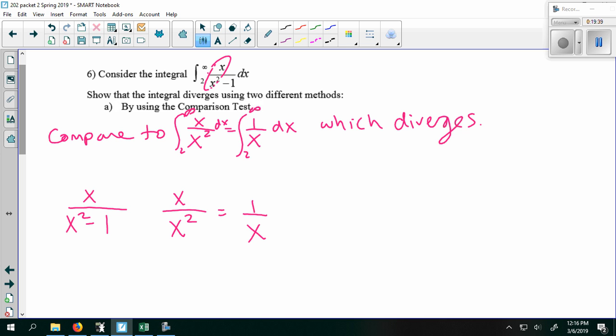Okay, so my numerators are the same. They're both x's. My denominators are close. x squared minus 1 versus x squared. x squared minus 1 is smaller than x squared, right? Subtracting 1 should give you a smaller value. A smaller denominator leads to a larger fraction. So my integrand is larger than 1 over x, which means that my integral is larger than the integral of 1 over x, which is infinite.